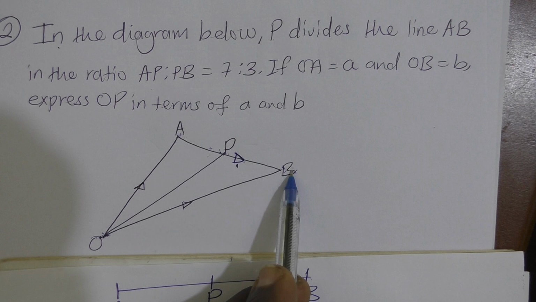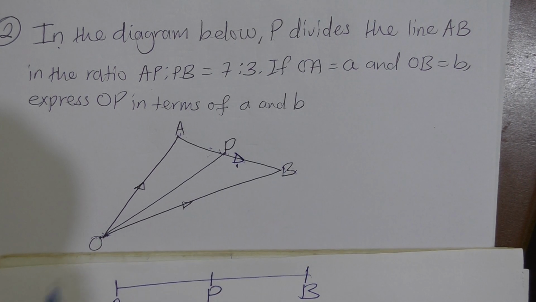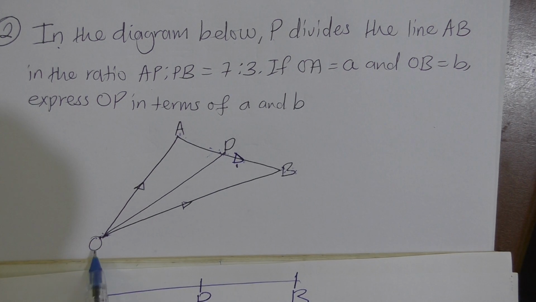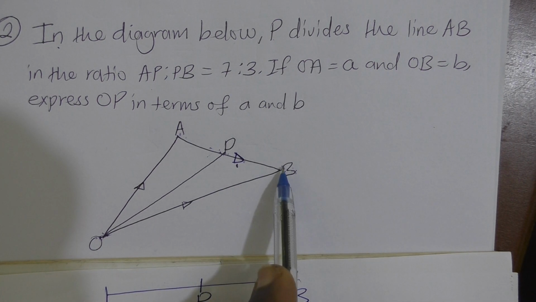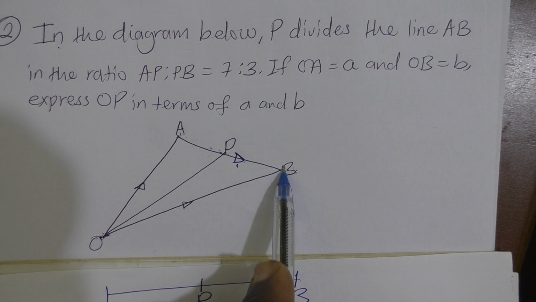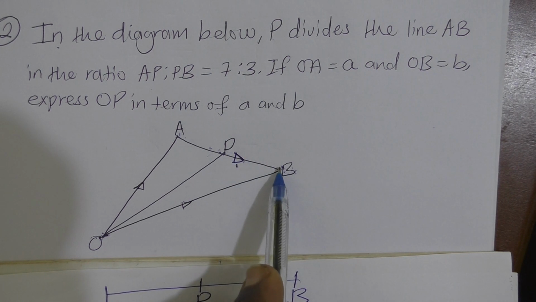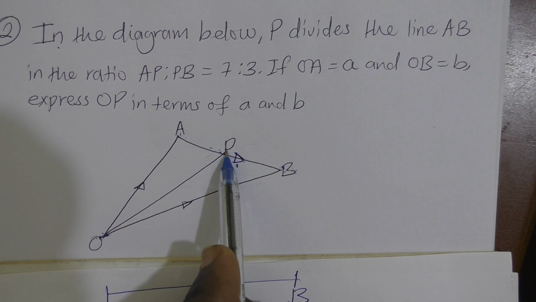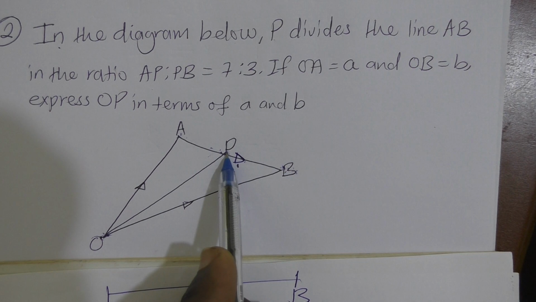You should be conscious about that. So OP can be got in two ways. That is OB plus negative PB, or plus BP. But BP is opposing direction, therefore we put negative PB.